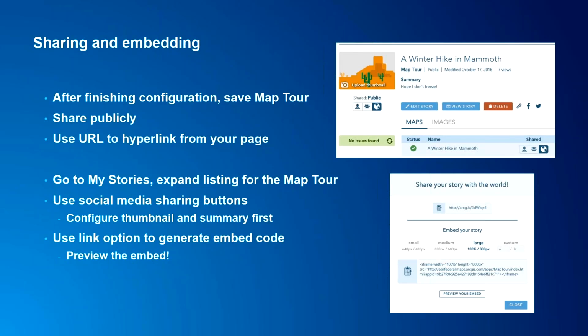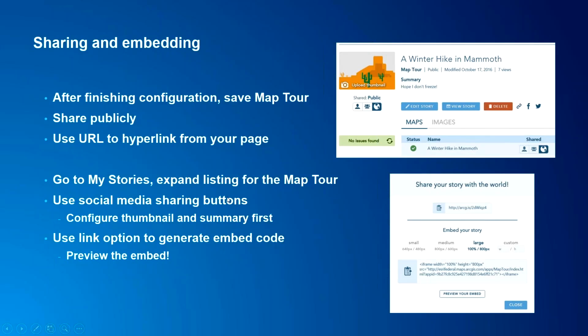The other recommended way I would say to manage your map tour and any other story maps that you create is on something we call the My Stories page. So back on the main website where we launched the builders from, there's another component called the My Stories page, which will list anything that you've created and allow you to easily manage them and share them and start to find ways to embed them and link to them.